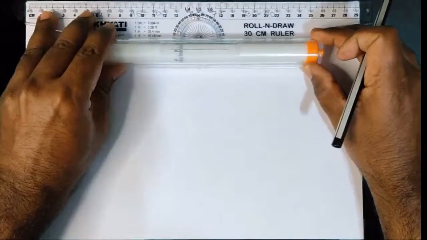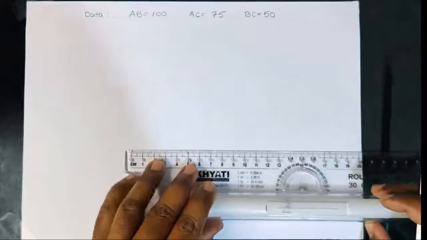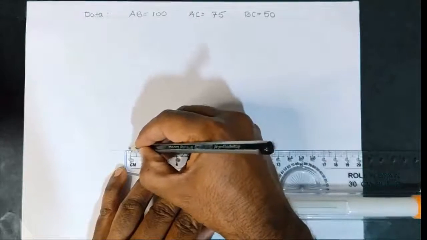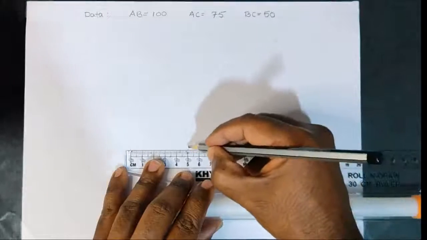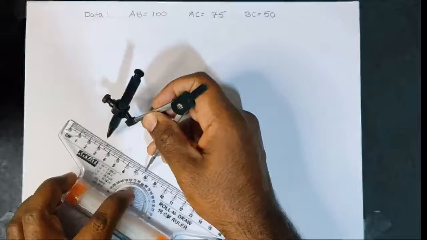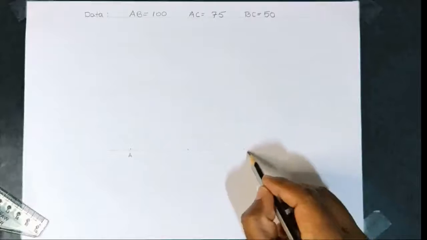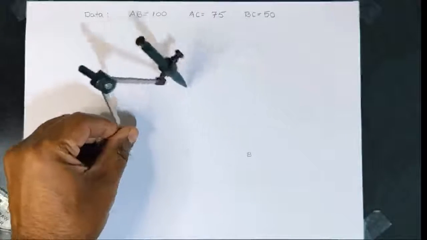So I write down the data and draw a horizontal line on which I'll be taking the base length AB equal to 100 mm and also find its center. Now using compass, I take distance AC equal to 75 mm. Through point A, I draw an arc of 75 mm.